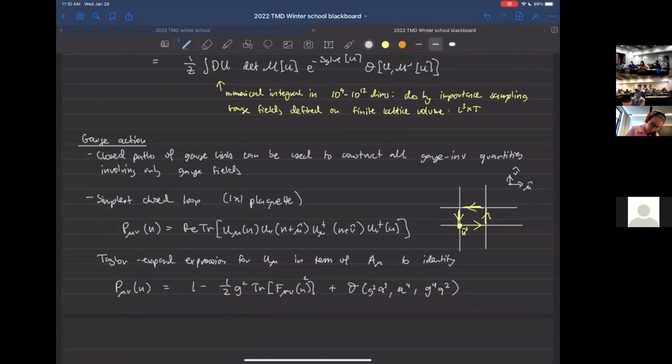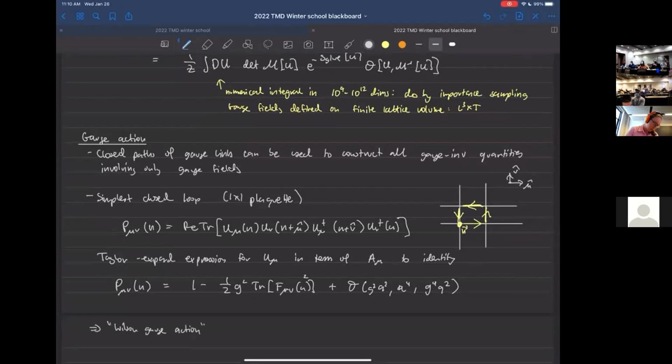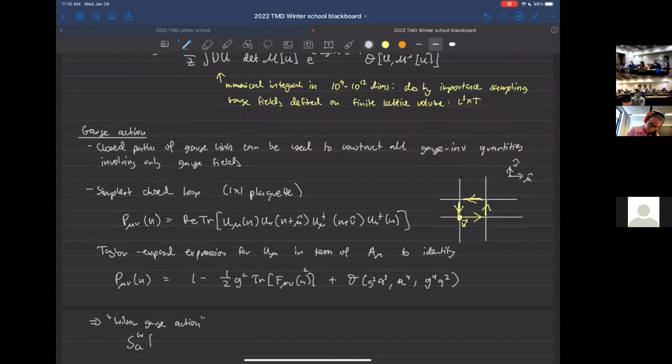And this gives us what's called the Wilson gauge action, which is sort of the simplest one, that we can write our gauge action like this. As 1 minus the plaquette, which gets rid of this 1 here and gives us just our F mu nu squared part that we wanted.